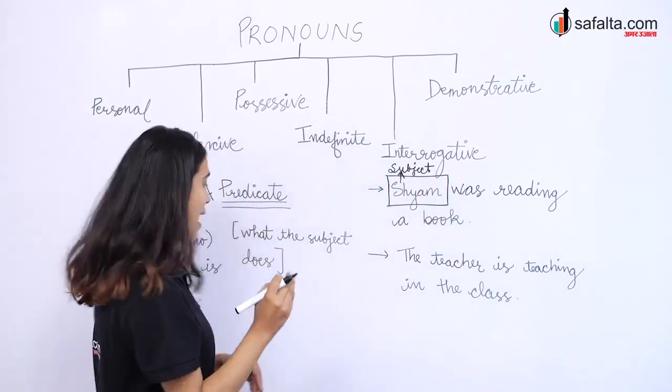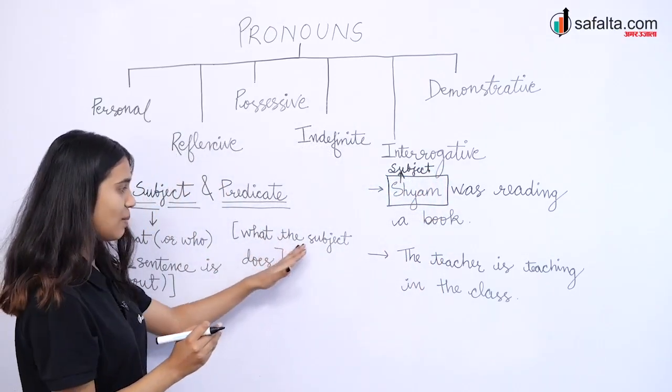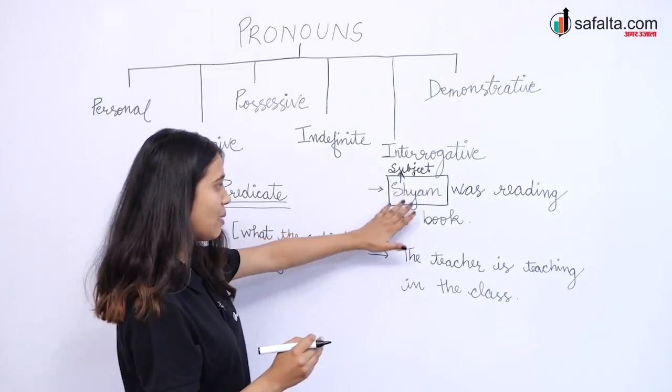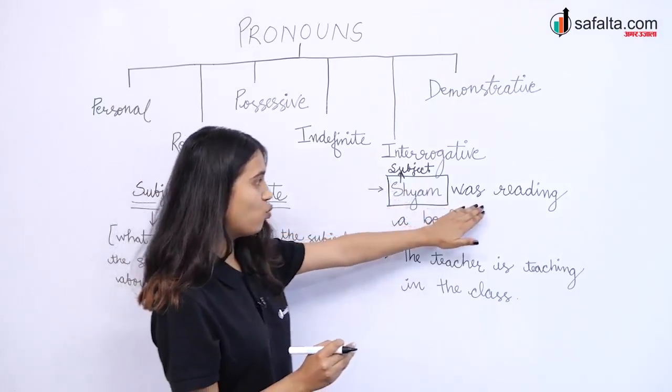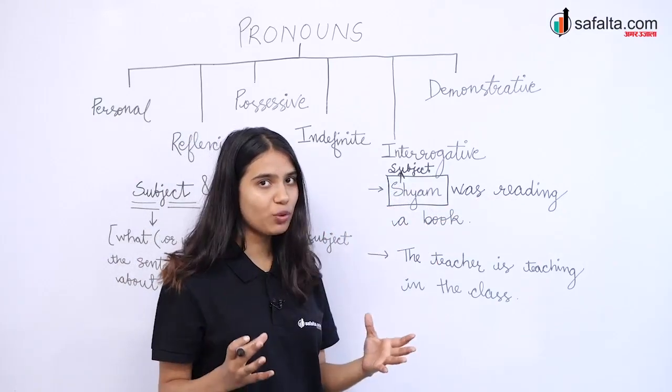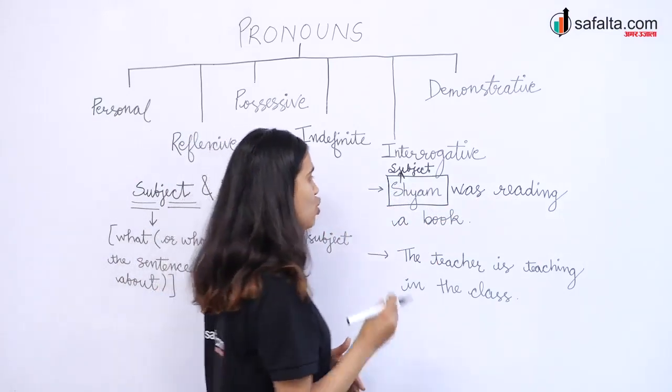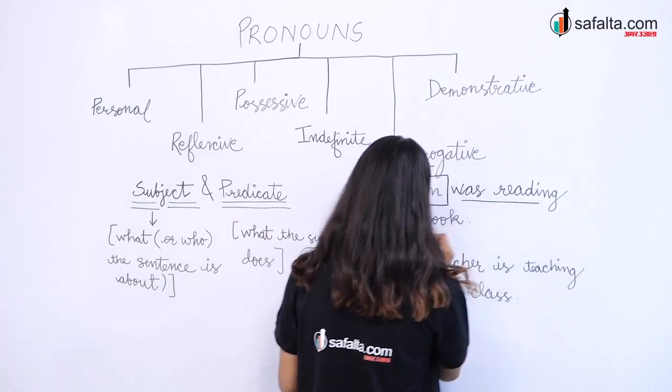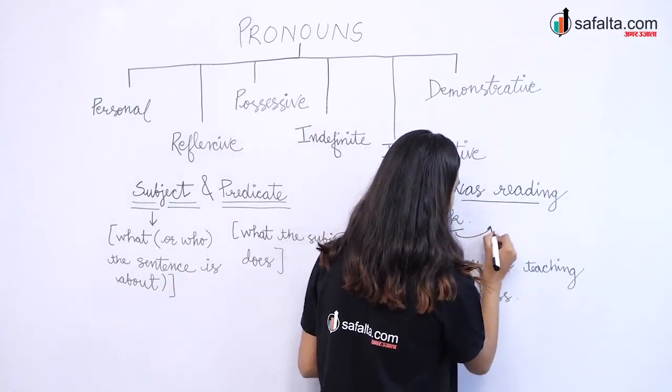And predicate means what the subject does. What is Sham doing? Sham is reading the book. So, was reading the book becomes the predicate.